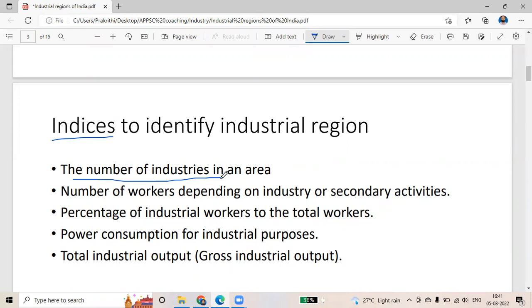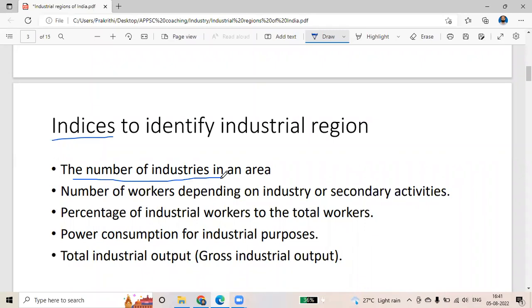Don't think that if 1 or 2 industries are located somewhere, it can be called industrial. It's not like that. A lot of area is being occupied by industry or industrial activities.